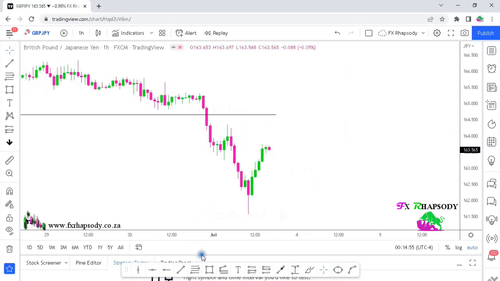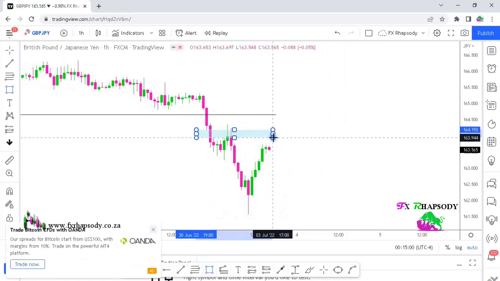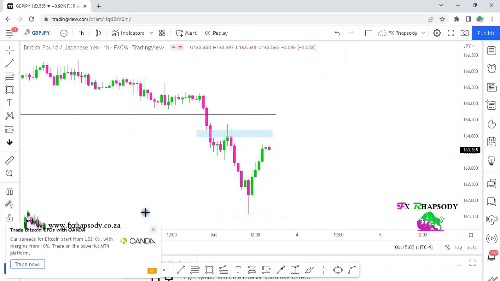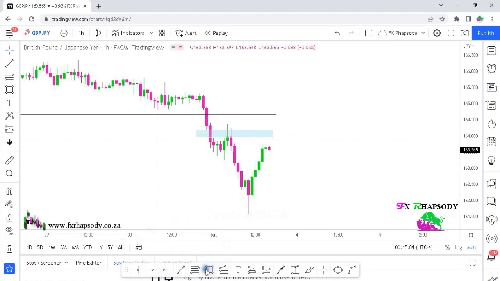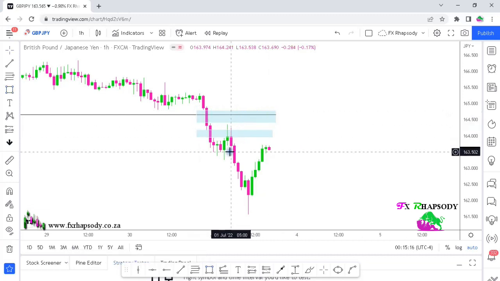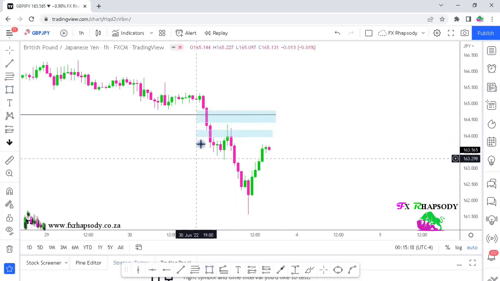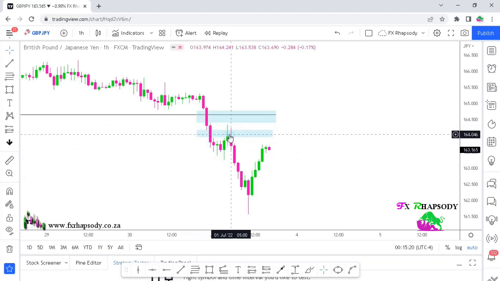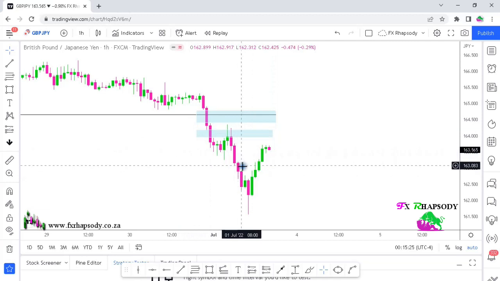Price created a fair value gap over here as well, but we have still got another area in the market. So price broke that area, created a fair value gap over there, and we still had one on the top here. So there were two areas where price created a little bit of an imbalance. Price retraced back to the first imbalance, and then it started moving downwards.